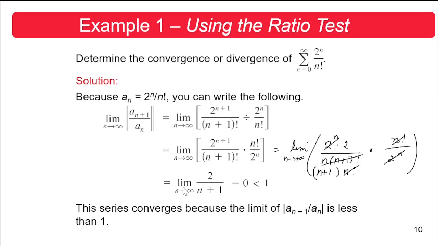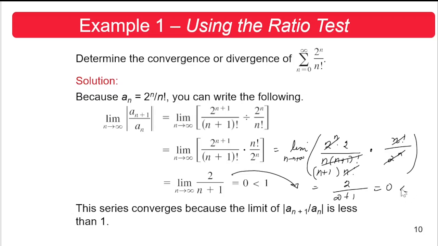To evaluate this, we replace all the n variables by infinity. So you have 2 over infinity plus 1. But infinity plus 1 is infinity, and 2 over infinity is 0.